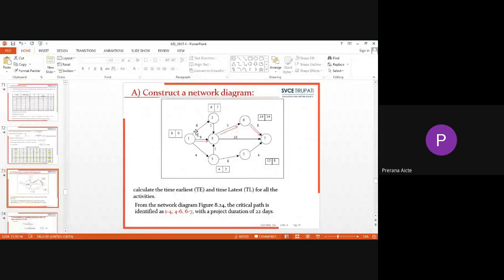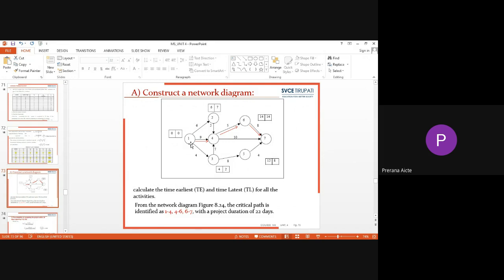Here, from 1 to 2, we have started representing an activity, which is the 1 2 activity, and 1 3 is another activity which is also started concurrently along with 1 2, and 1 4 is also another activity. These three activities, 1 2, 1 3, and 1 4, have to be drawn first in the order.